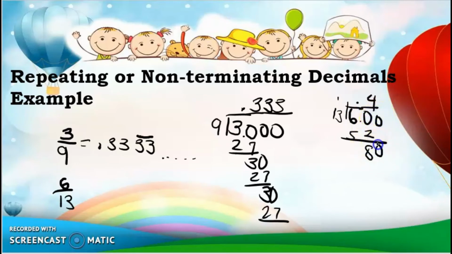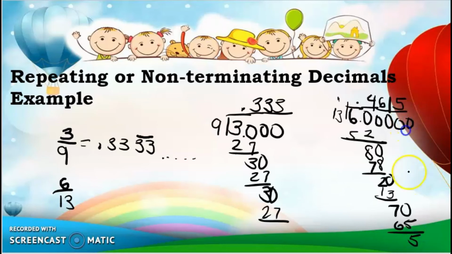We add 0, 80 divided by 13 is 6. 6 times 13 is 78. 80 minus 78 is 2. Add another 0, 20 divided by 13 is 1. 1 times 13 is 13. That leaves 7. Add another 0. 70 divided by 13 is 5. 5 times 13 is 65, leaving 5. Add another 0, 50, that is 3, and so on.